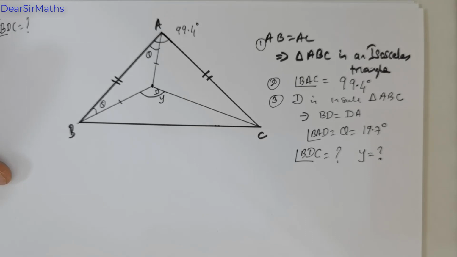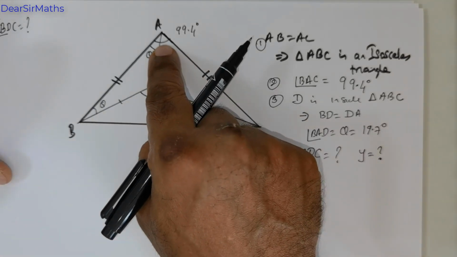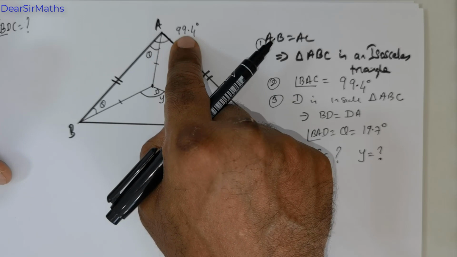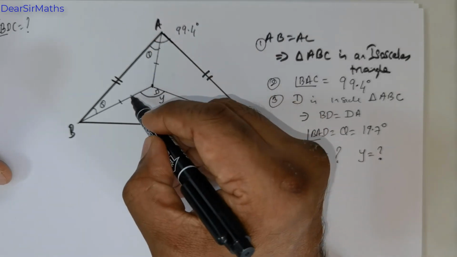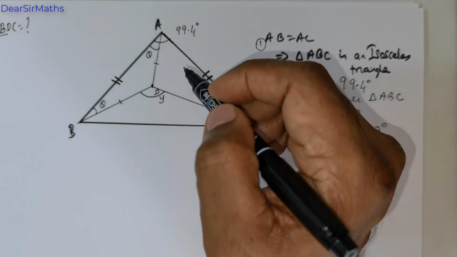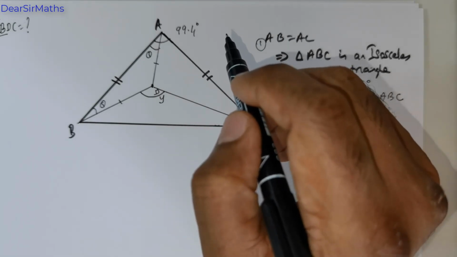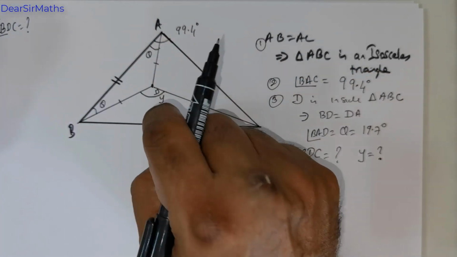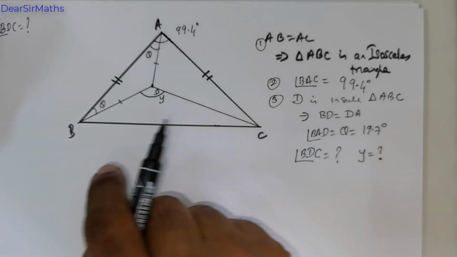Now I know this angle 99.4 degrees, right? Now I also know this entire angle. What is this entire angle? That entire angle is going to be 360 minus y, right?